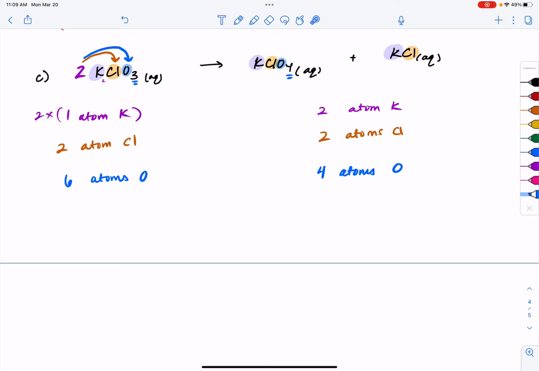So what can I do then? Because if I were to try to, like, I don't know, double this, that would give me 8, which is not 6. If I were to try to double this, that would give me 12, which is not 4. So I need to think of the lowest common multiple, or the smallest number that you get when you look at multiples or products of these numbers.